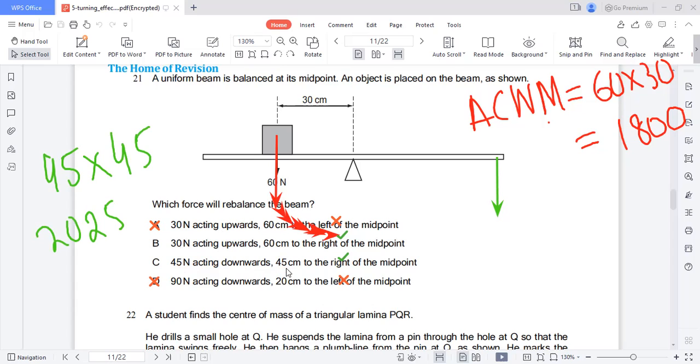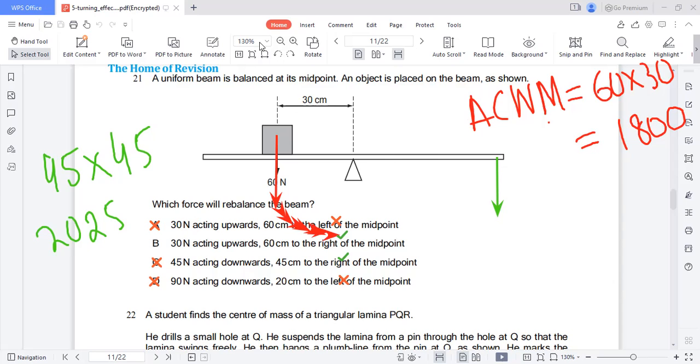So it looks this option is incorrect because we are looking for 1800. Our clockwise movement should be 1800. Otherwise, there would be an imbalance.